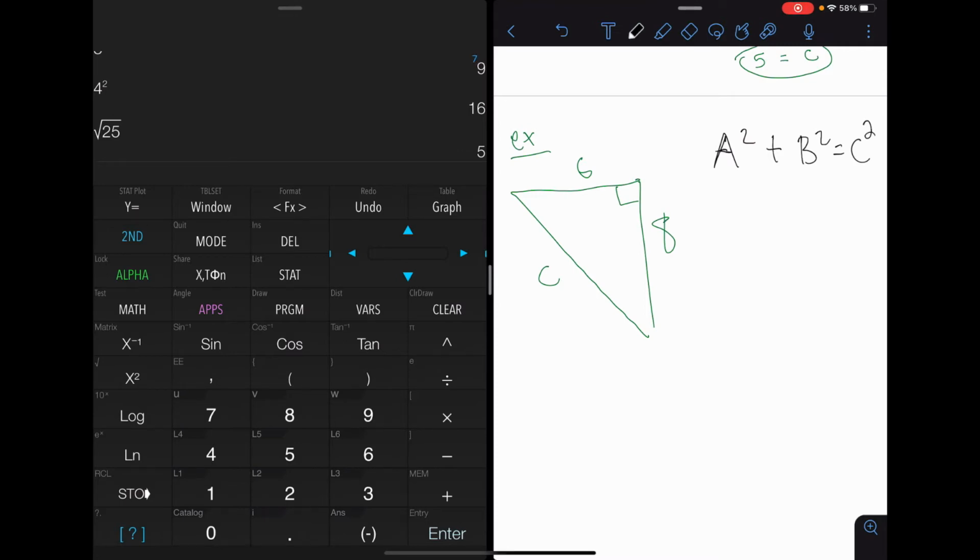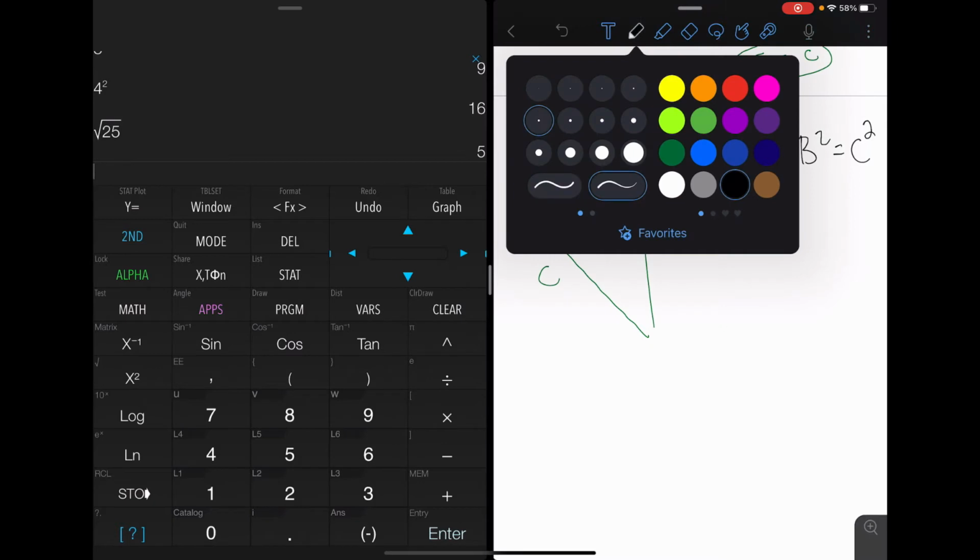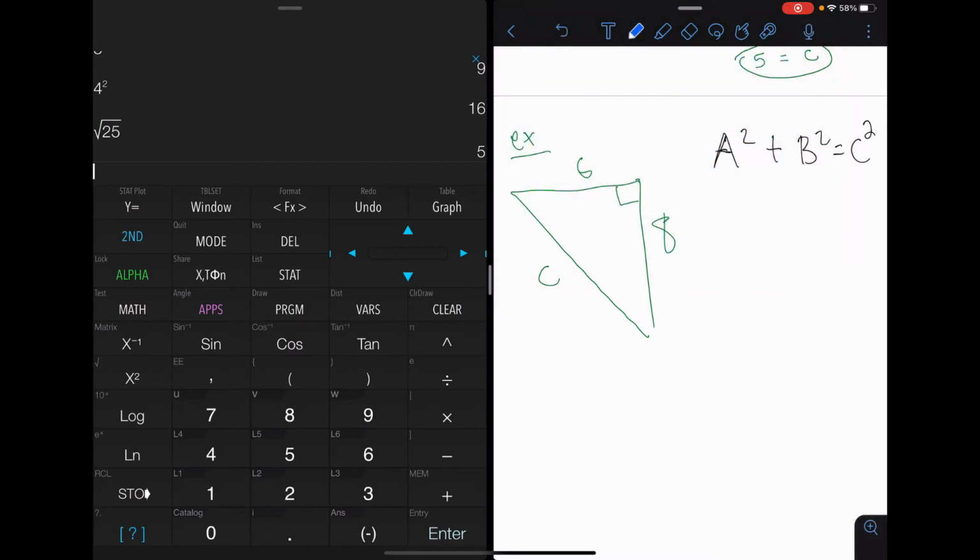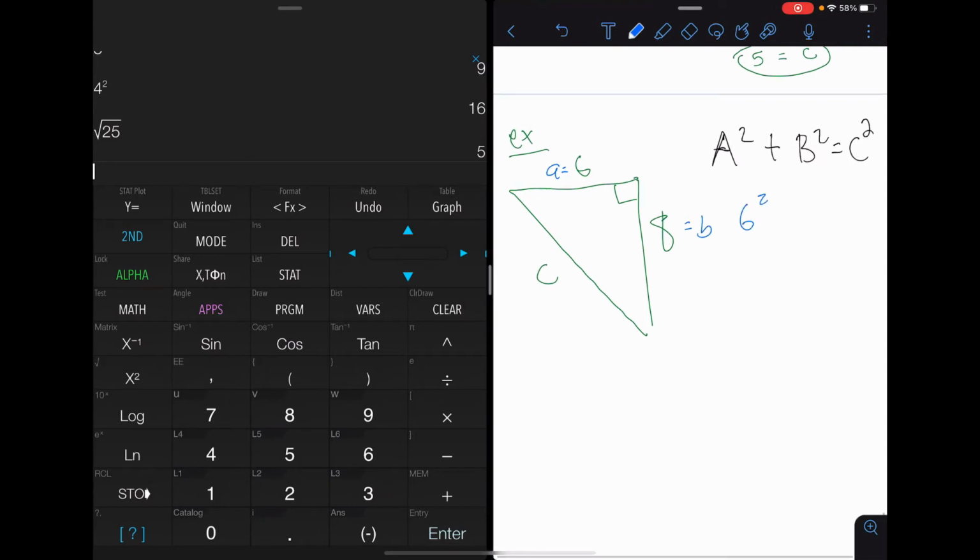Mi fórmula es a cuadrado más b cuadrado es igual a c cuadrado. We can say that this is a and this is b. So 6 squared plus 8 squared equals c squared. Just put it in your calculator, pongan en su calculadora.